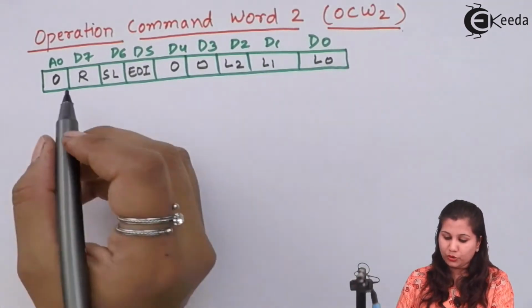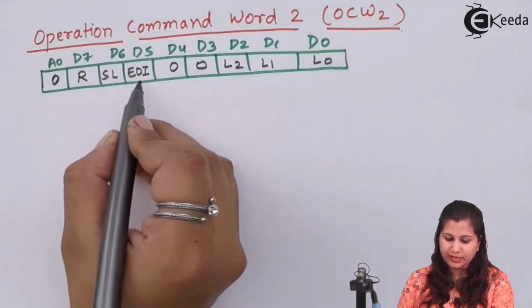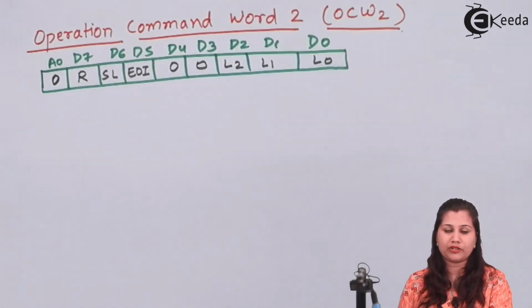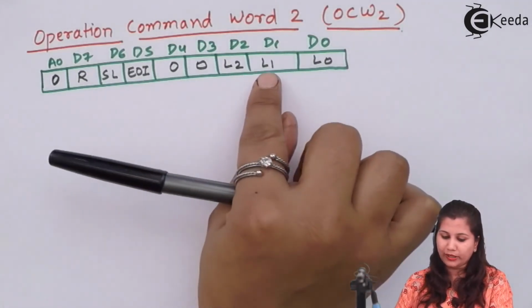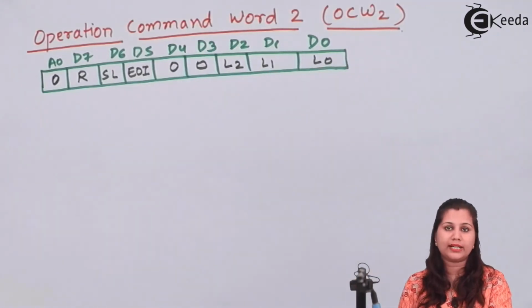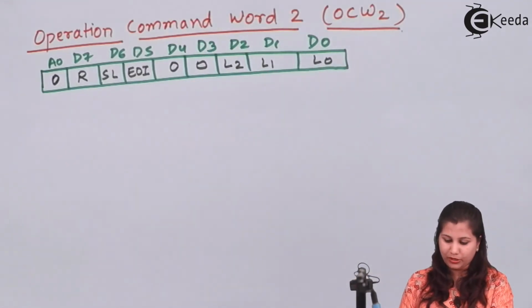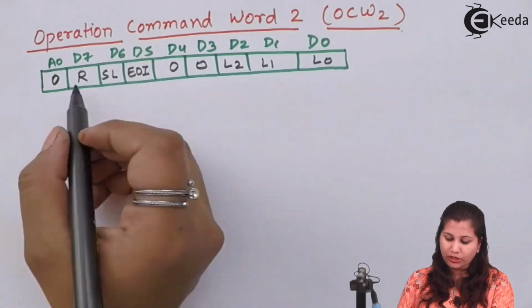So these 3 bits are used for various operations like rotation, specific rotation and end of interrupt. And these L2, L1 and L0 are used to select the interrupt request. Let us see what these are.